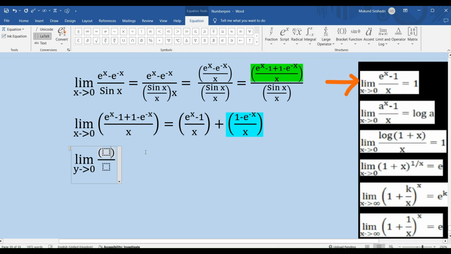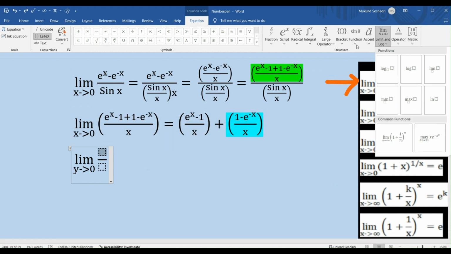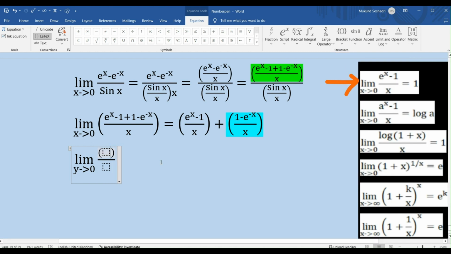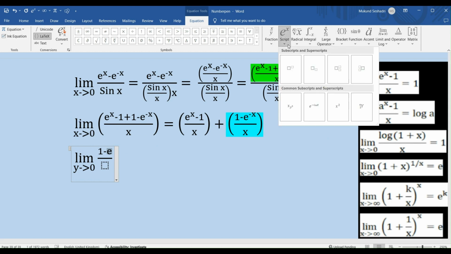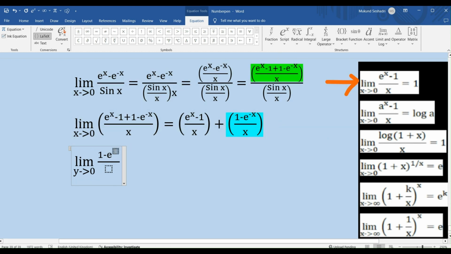So 1 minus e raised to the power y. And what happens to my x in the bottom?